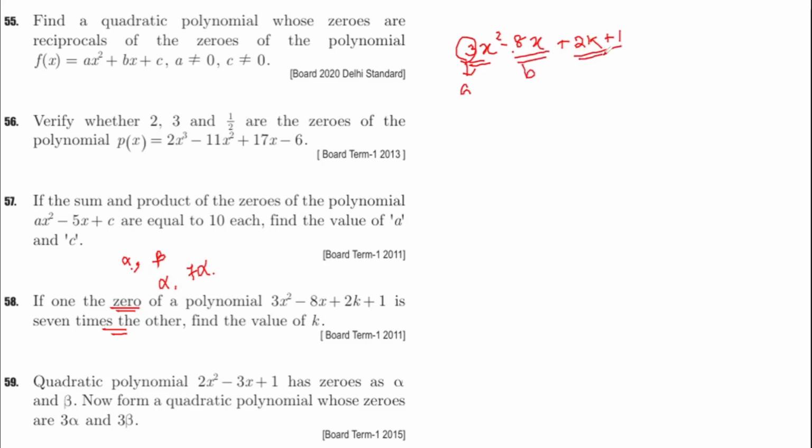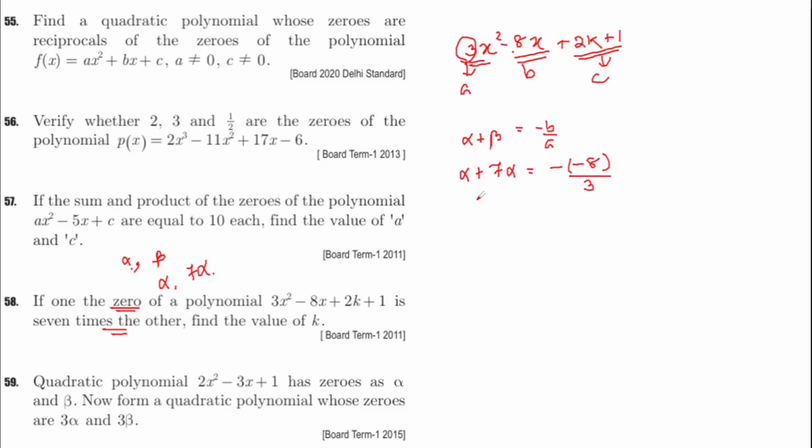And this entire term is your constant term, hence it is your c. Okay. Now, if we solve this question, we have the basic formula alpha plus beta is minus b by a. But here alpha is alpha and in place of beta you may write 7 alpha. Minus is there, b means minus 8 and a means 3.